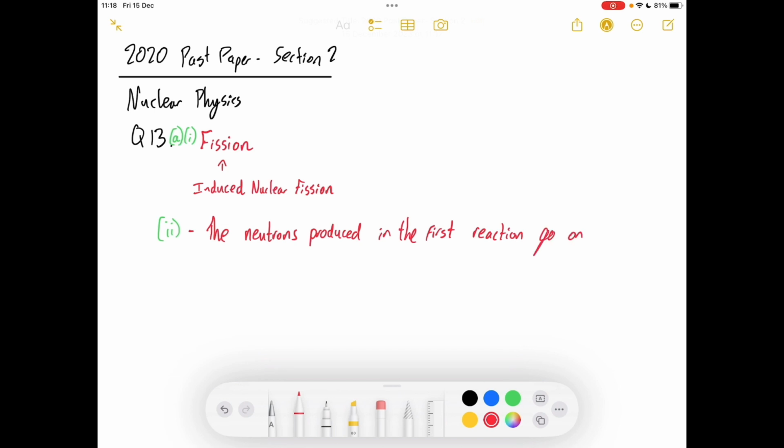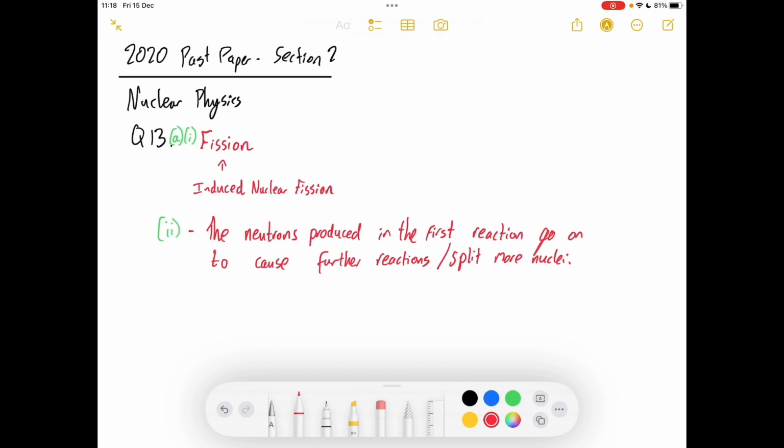go on to cause further reactions or to split more nuclei, because it takes 1 free neutron to induce nuclear fission.